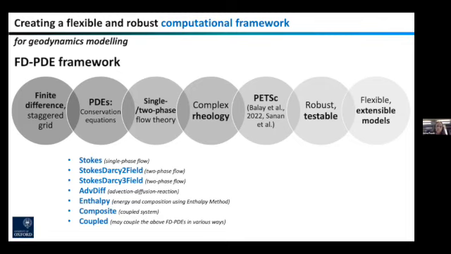So the user only has to describe the type of FD-PDE, or the type of equation, the coefficients, boundary conditions, and the constitutive laws. And this is now published open source on GitHub, and you can find the details of how to access it in the publication from last year.